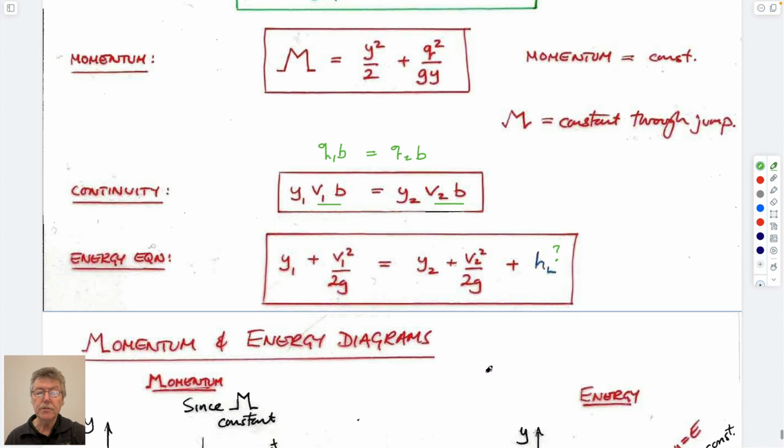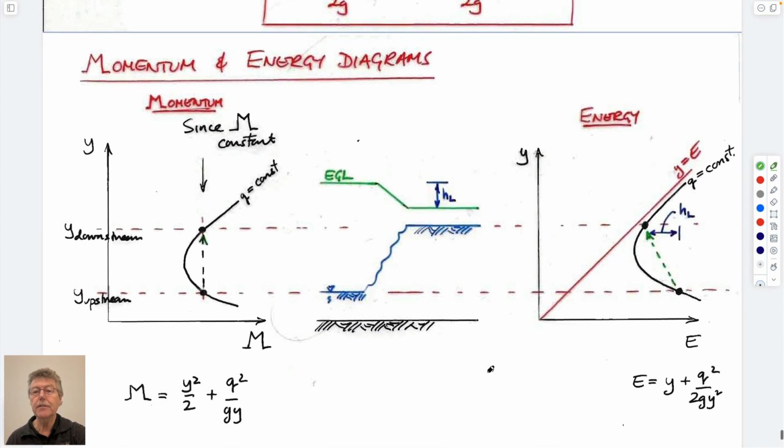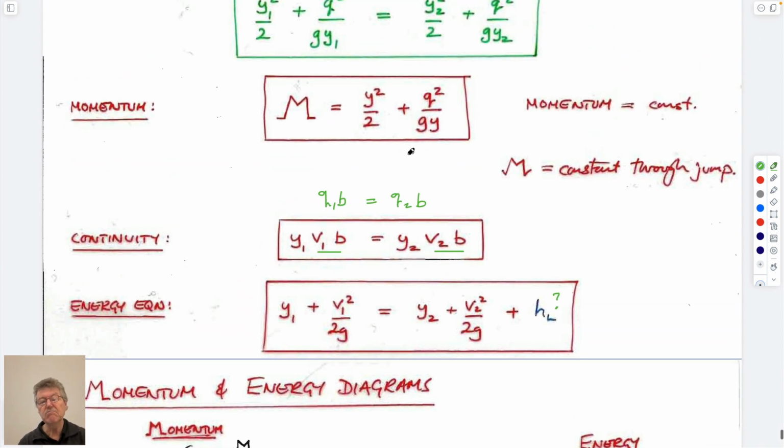And so what we can do is, in a diagrammatic way, I think it's a pretty good diagram actually, we can think about energy and also plotting momentum. You see that momentum equation is not so different from the energy equation.